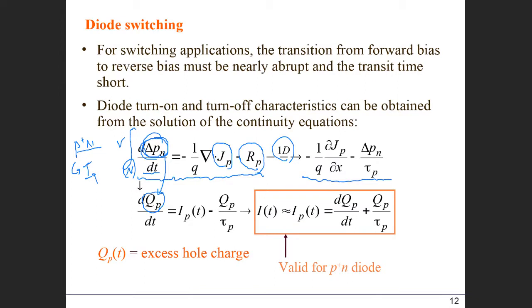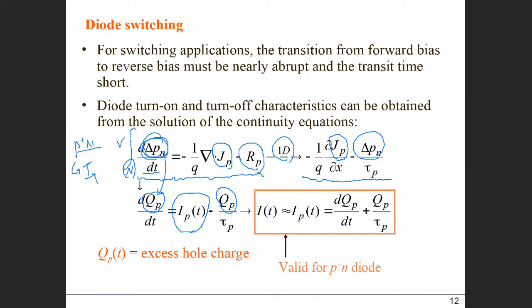On this side, the hole concentration change is also the change of the total charge. And then the hole current density, if we integrate over the area, gives us the total current for the holes.